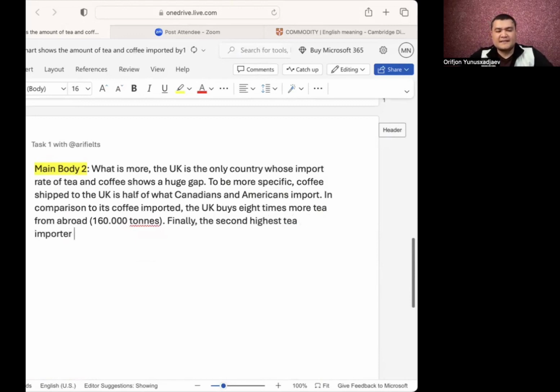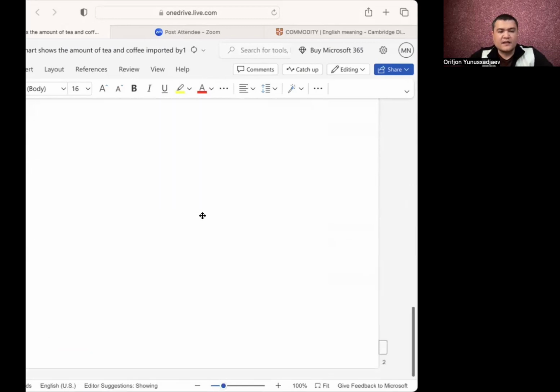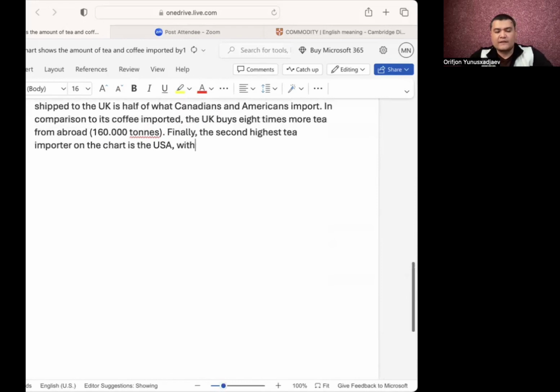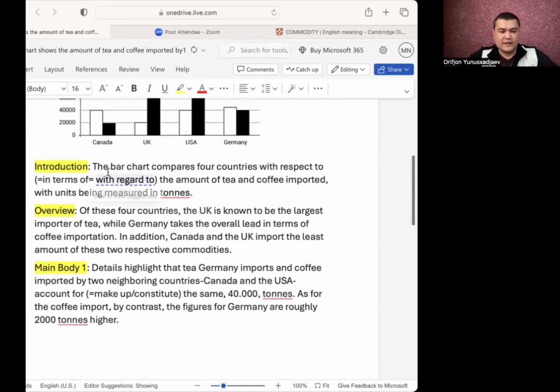Finally, the second highest tea importer, where I can say on the list or maybe on the chart, is the USA. Is the USA, right? And how much did we say? 110,000. Is the USA with, okay, we don't know the exact number, so we will use the expression around 110,000 tons. That's it. Ladies and gentlemen, our essay is ready.